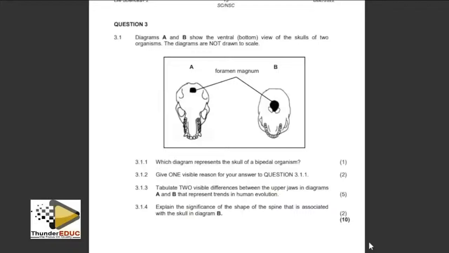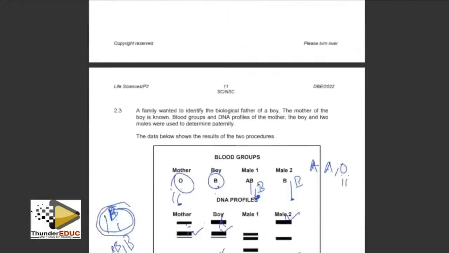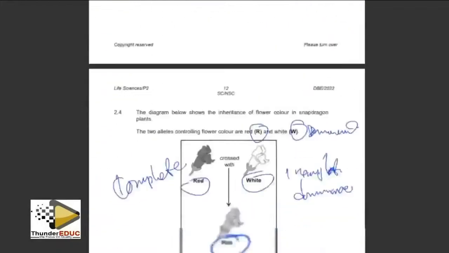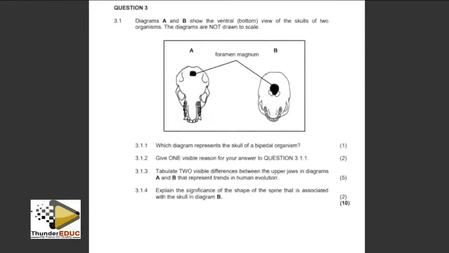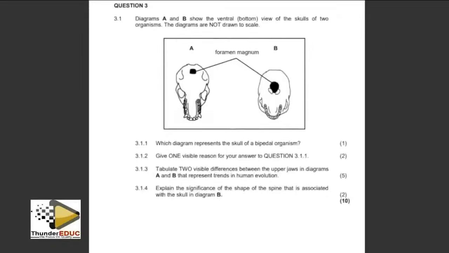They're saying, which diagram represents the skull of a bipedal? Now we have 3 factors which affect bipedalism, and they can also ask you the advantages of bipedalism. You can see far, you can hold objects.